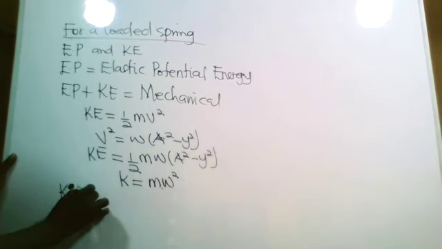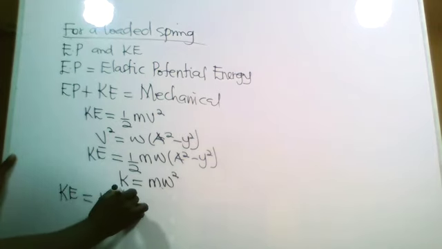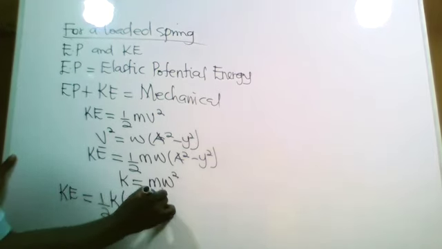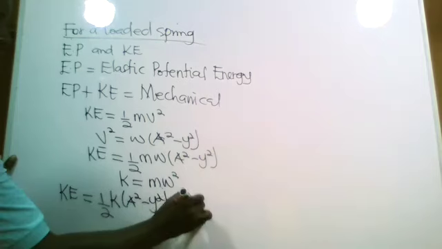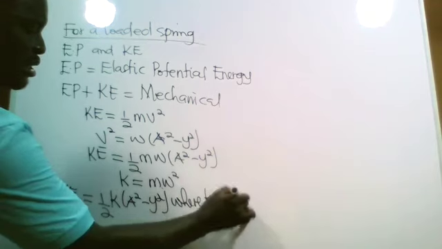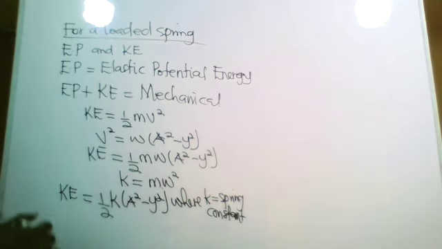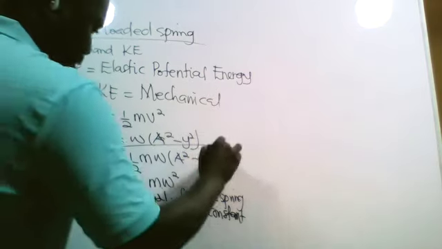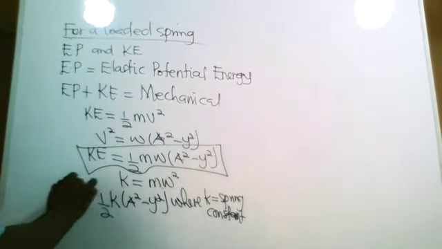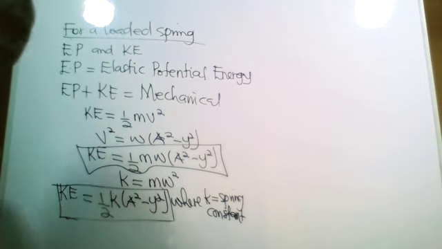And so the kinetic energy possessed by a loaded spring can also be equal to half K times (A squared minus y squared), where K is the spring constant. So either you express the kinetic energy as this or as this. A is the amplitude, y is the displacement.